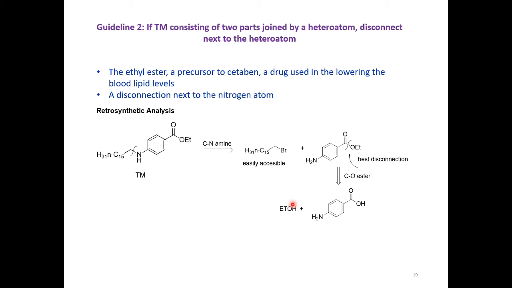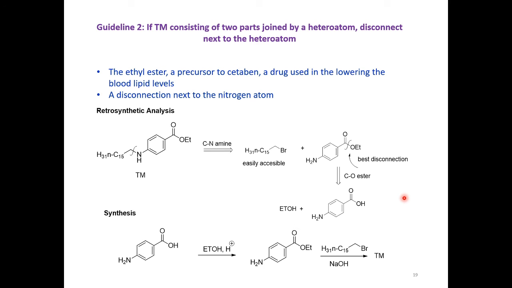Okay, now we have this ester, so we need to find out how this ester is made. Ester can be made from its corresponding acid. So this is the best disconnection, that is the C-O ester disconnection. So you will have this aminobenzoic acid plus ethanol.